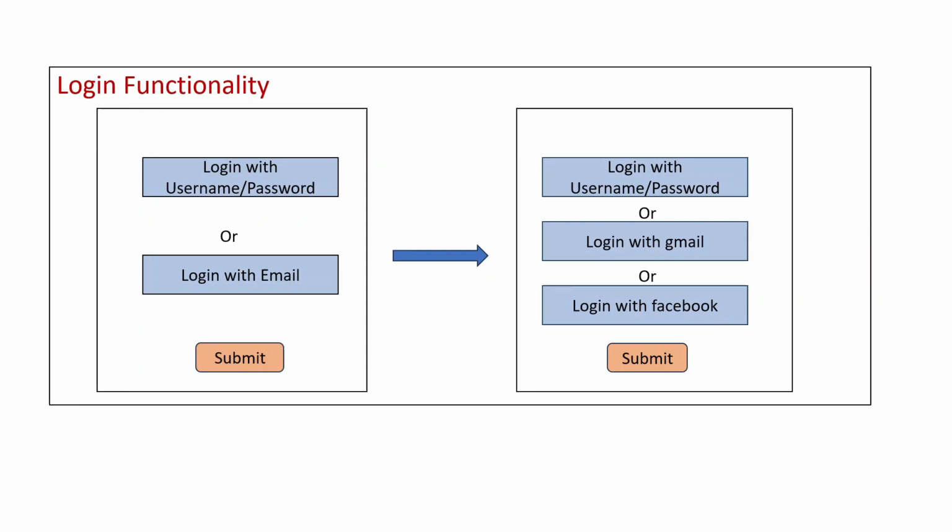I mean, there is no issue in this feature. After testing this new functionality, we have to ensure that my existing functionality, which is login with username and password or login with Gmail, should not break. While implementing this new login with Facebook functionality, there might be some code changes that happened with the existing feature, so there is a chance of breaking the existing feature functionality.